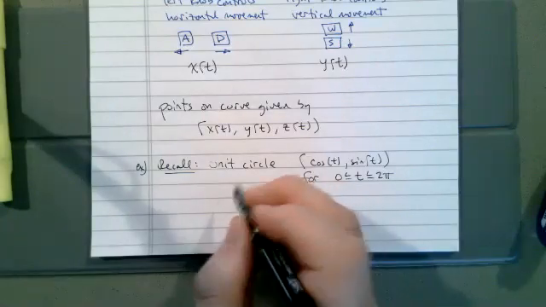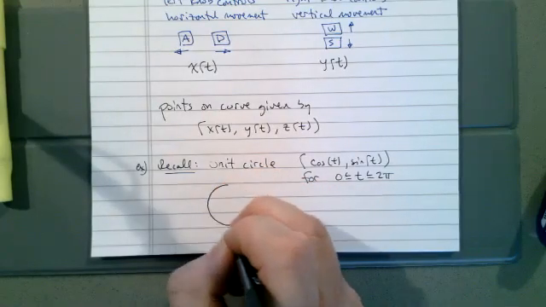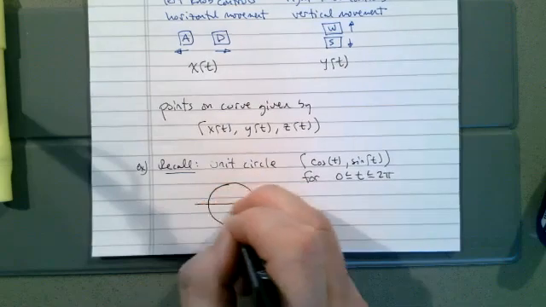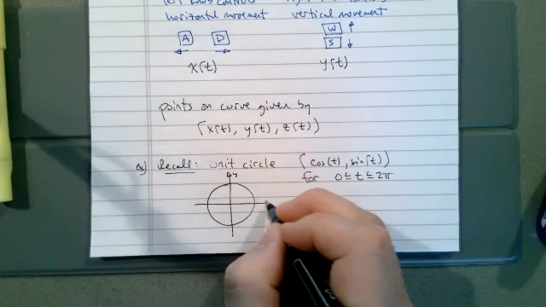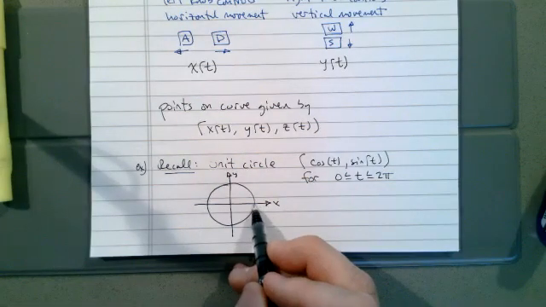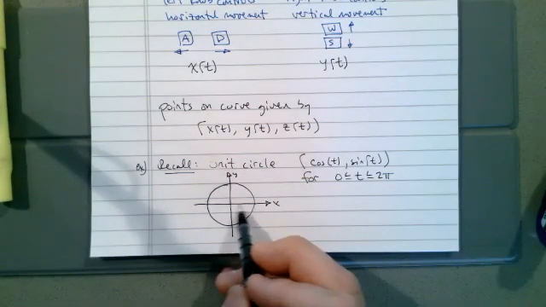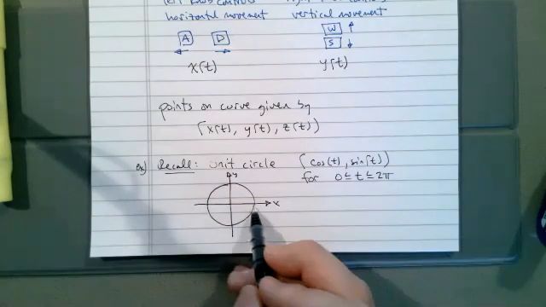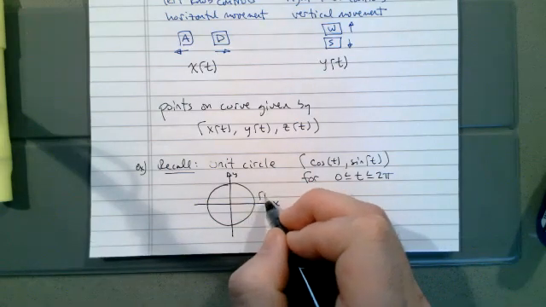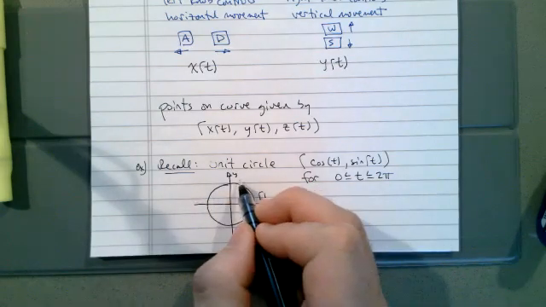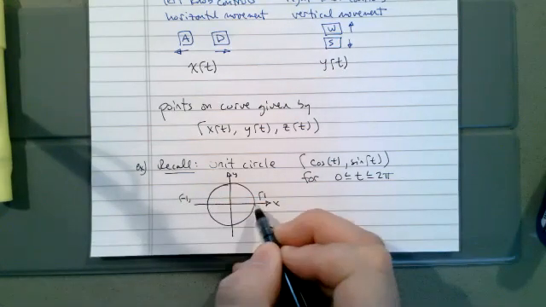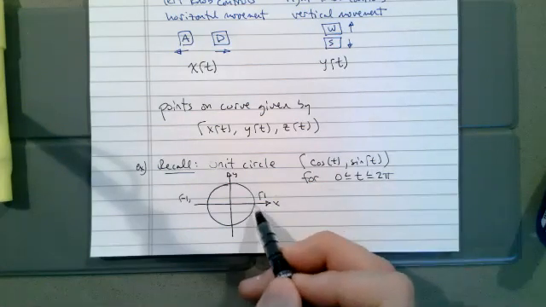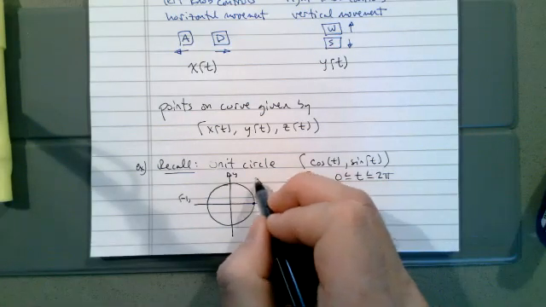So x of t starts off at 1, goes down through 0, goes down to -1, and then back up to 1. The y-coordinate, while it's doing this, we start here and we're going this direction.